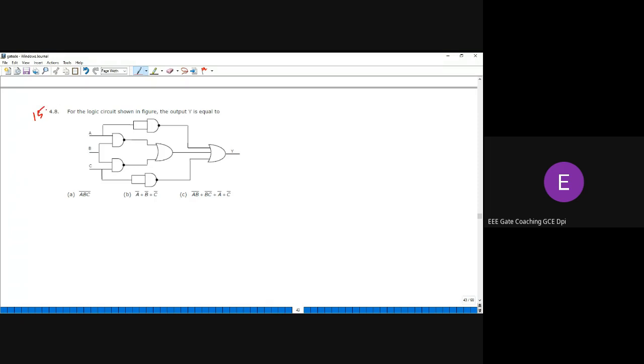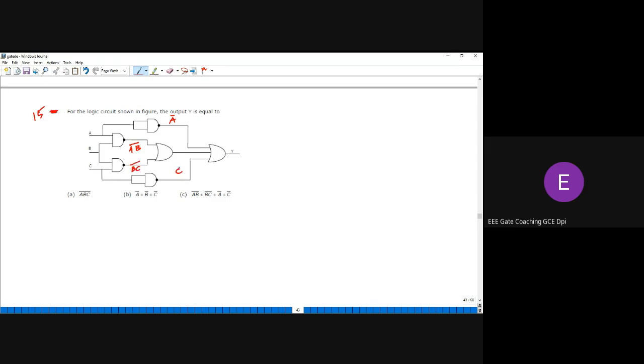Pink problem. So this is nothing but A bar, right? And this is AB the whole bar, and this is BC whole bar.